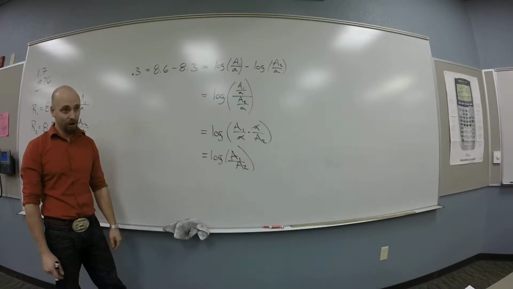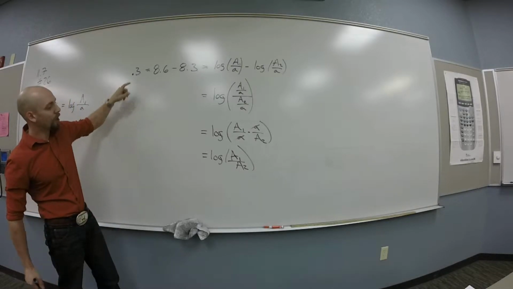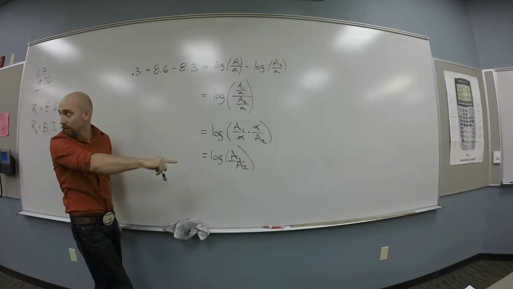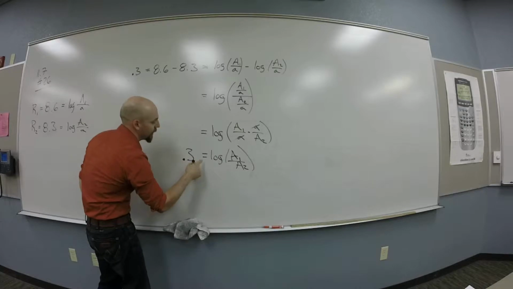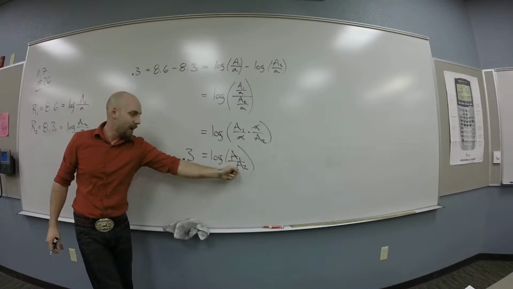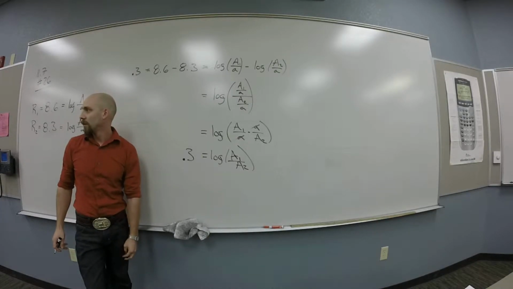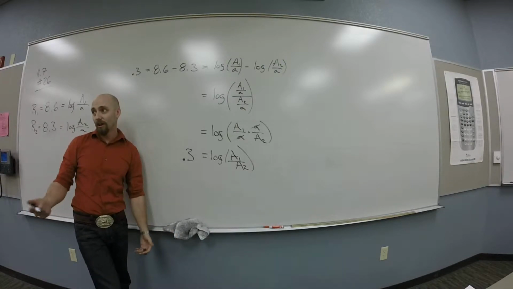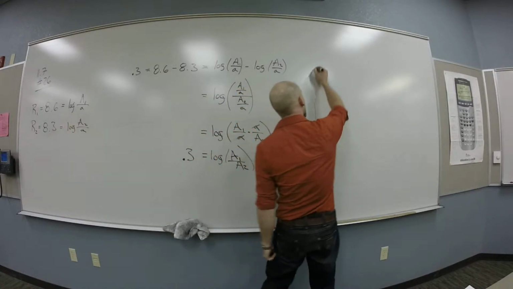So right now what I know is that 0.3 was this stuff, right? So if I look at the beginning and the end, I know that 0.3 is log of this thing. I'd like to get that thing by itself, so what should I do to both sides of this? I want to unlog things, right? So what do I do to unlog?